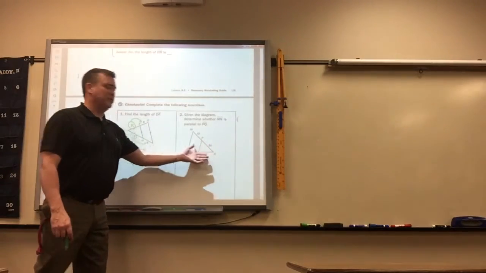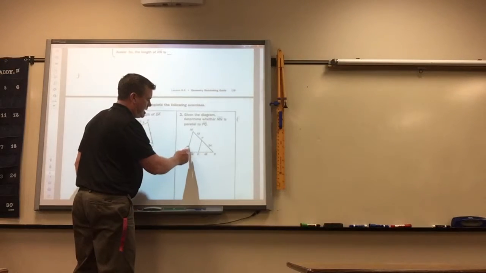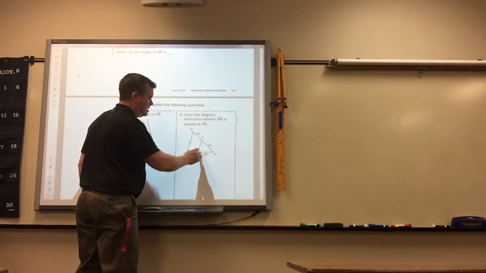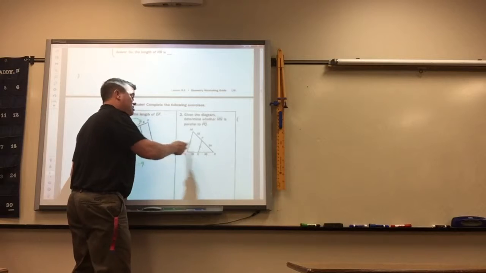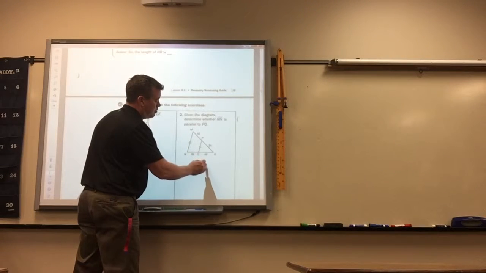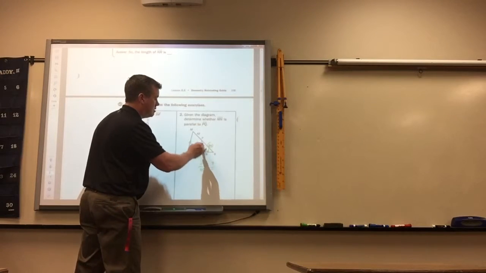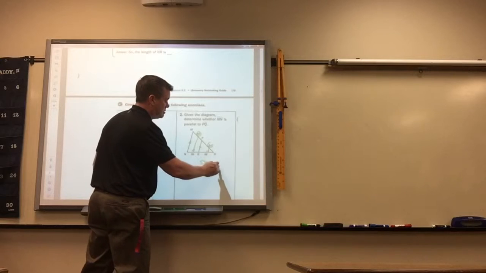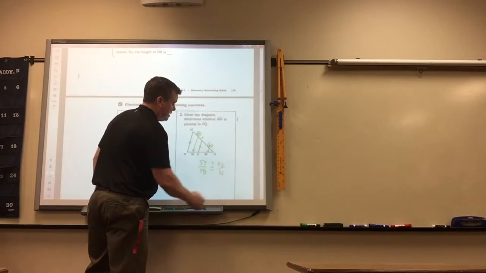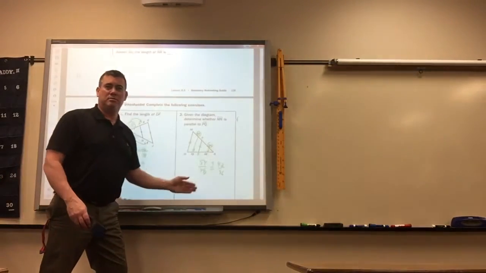So here, we're really not going to have any problems like this, but just to show you, they're wondering, is MN parallel to PQ? If these two are similar, then they have to be parallel. So you can just check. Does 54 to 48 equal 42 to 36? Remember how to check if proportions are equal?